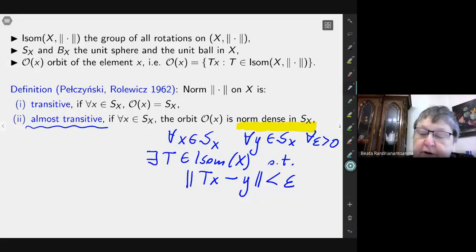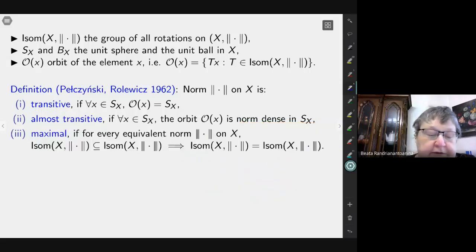That's what it means to be almost transitive. All right, so I don't know if those definitions are familiar to everybody. Remember here the beginning of this sentence: the norm is called maximal. Maybe I should use a different color than blue.